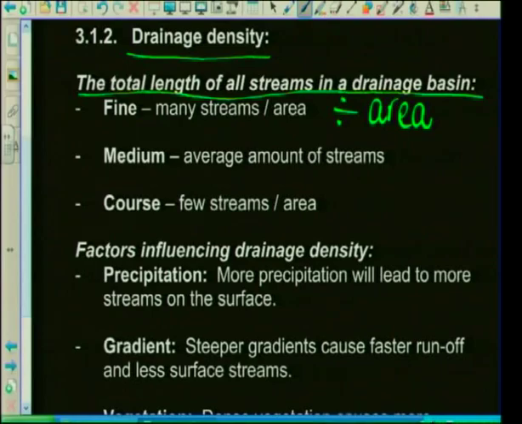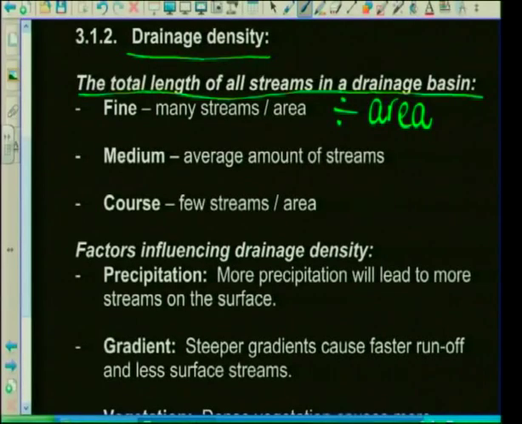Right. In terms of that drainage density, we can speak about 3 different levels. We either have a fine drainage density, a medium drainage density, or a coarse drainage density. If we talk about our drainage density being fine, it means, grade 12s, that there are many streams within that particular area.